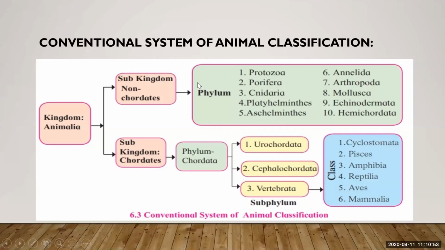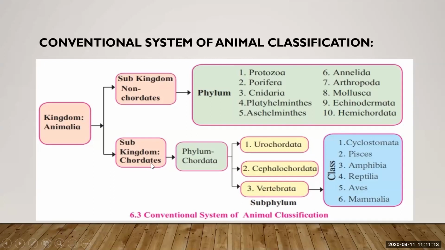Subkingdom non-chordates is further divided into 10 phyla: Protozoa, Porifera, Cnidaria, Platyhelminthes, Aschelminthes, Annelida, Arthropoda, Mollusca, Echinodermata, and Hemichordata.